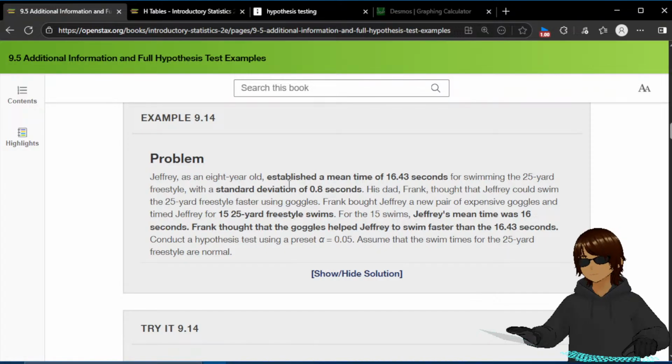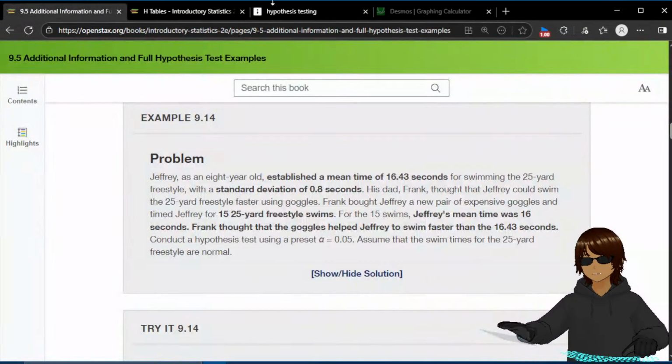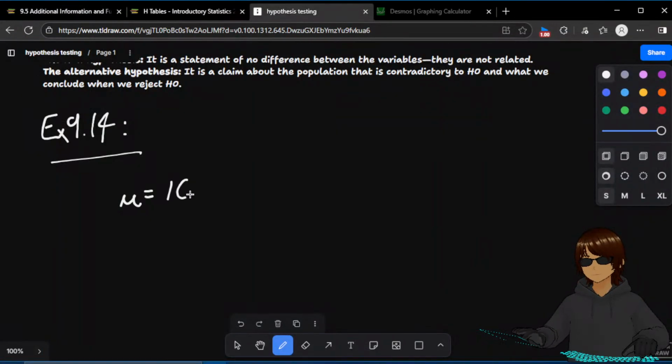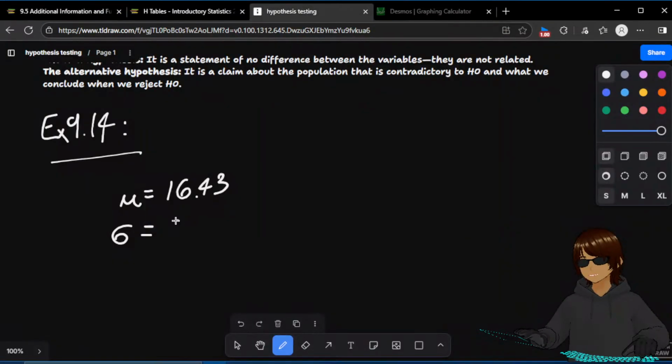So the established mean time of 16.43 seconds for swimming the 25-yard freestyle with a standard deviation of 0.8. So what is established is that the mean is 16.43. Standard deviation is 0.8.